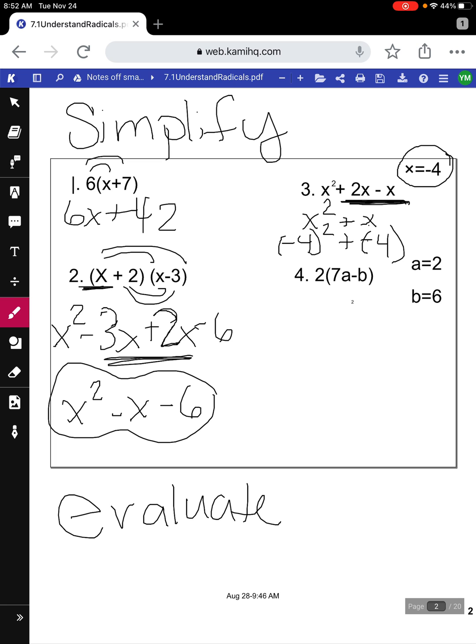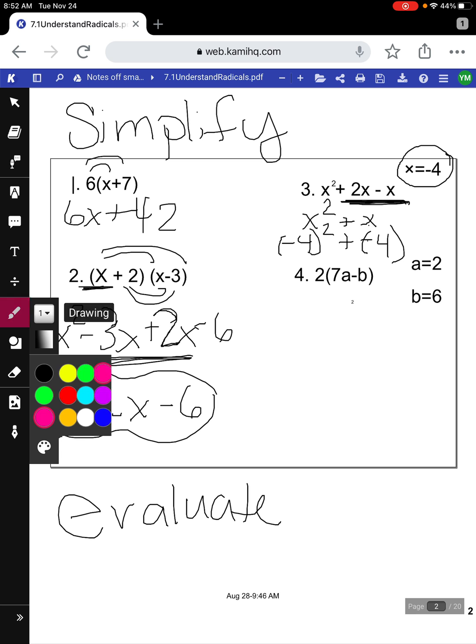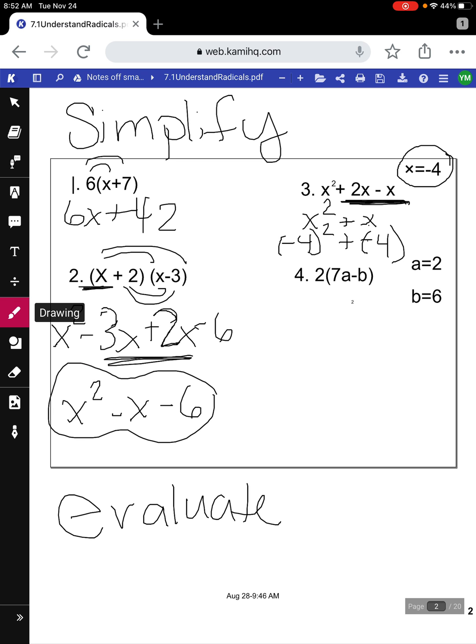If you just use your calculator and put negative 4 squared, you're going to get the wrong answer. Because of space, I'm going to change the color so hopefully you can see it better. Negative 4 squared is 16, minus 4 because you simplify that plus and a minus, right? And then your solution would be 12.